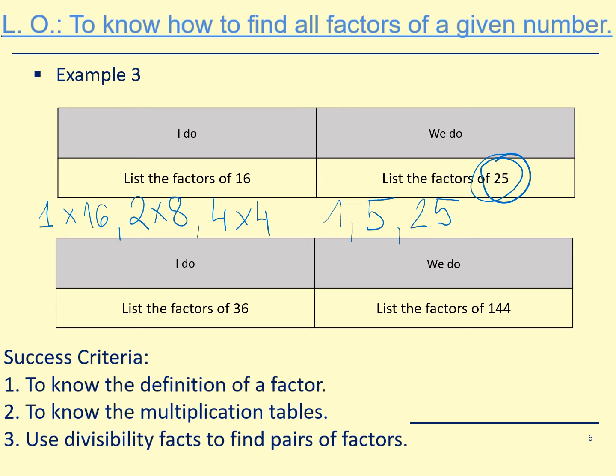You could also write it as 1 times 25 and 5 times 5. As you can see, 25 has exactly 3 factors.